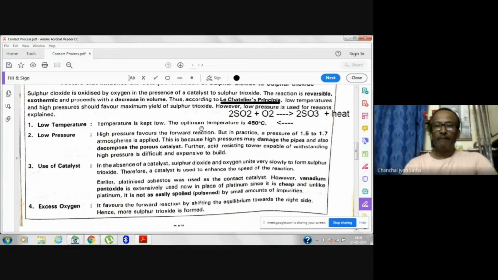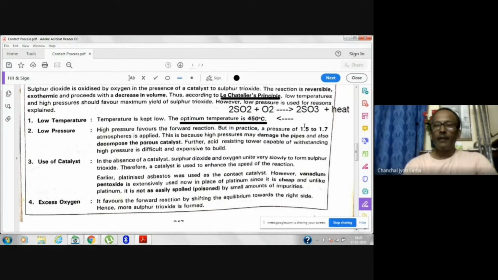Here, the optimum temperature is 450 degrees centigrade. Again, here 2 volumes of sulfur dioxide and 1 volume of oxygen, that is total volume is 3 on the reactant side, and on the product side total volume is 2.